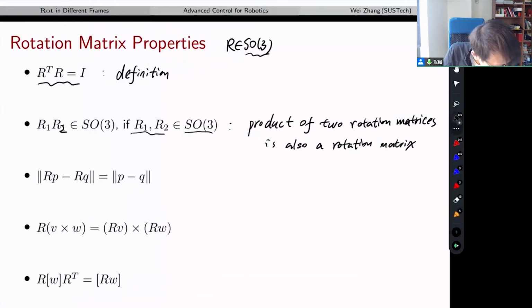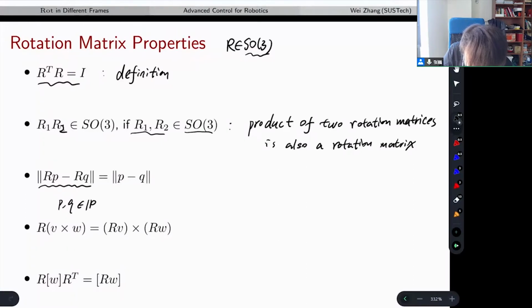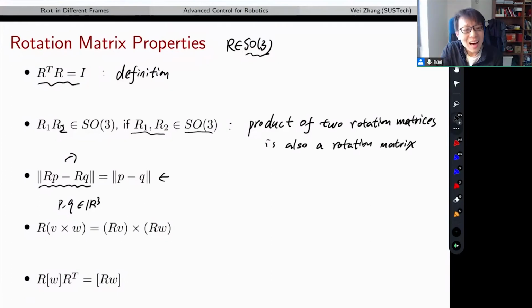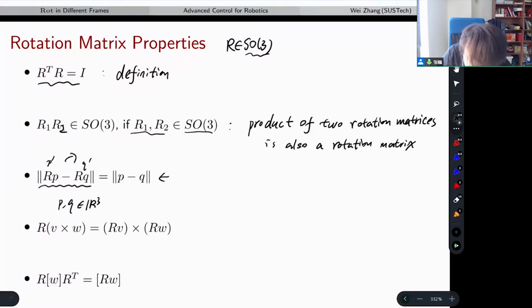Also, this one: for any vectors P and Q in R3, this roughly means, if I have two points on the rigid body, after rotation, now you think about this as an operator, okay? You rotate P and then rotate Q by the same amount around the same direction. You get two new points, P prime and Q prime, right?